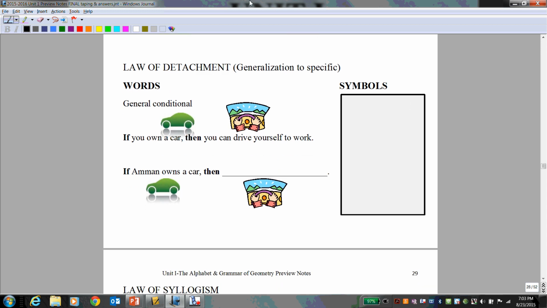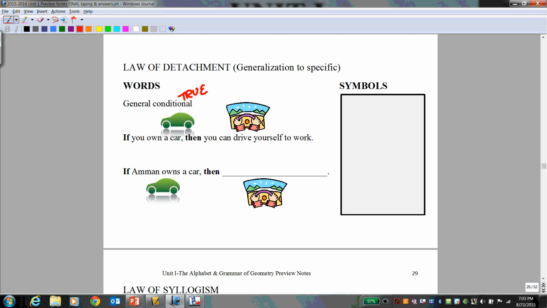Law of detachment. Don't let these fancy names throw you off. You actually instinctively understand most of these logic laws quite easily. It says right here, you start with the general conditional, that is true.